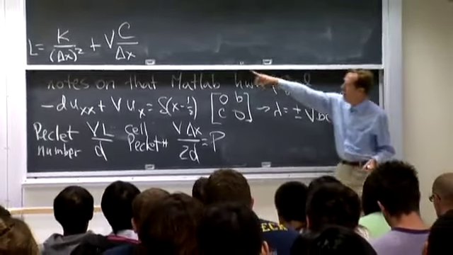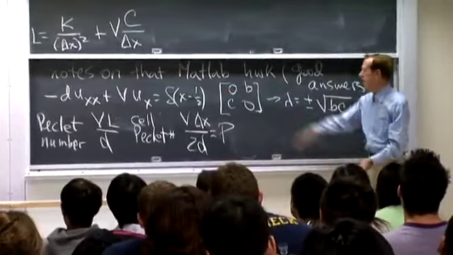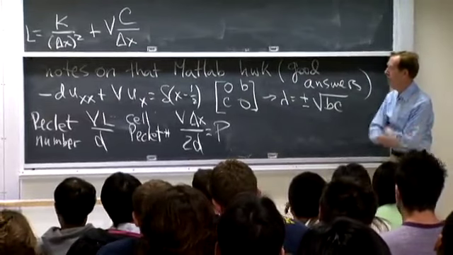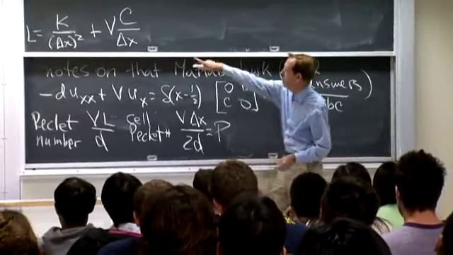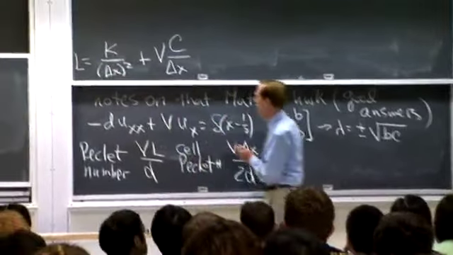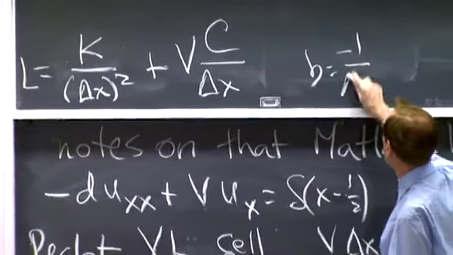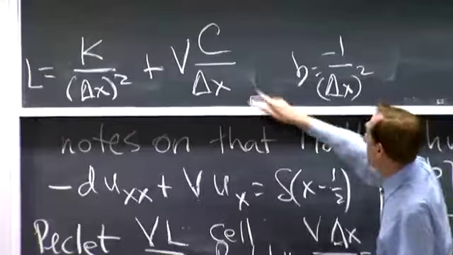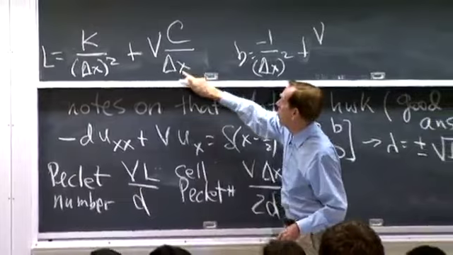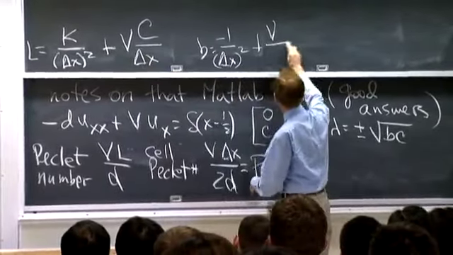So the off-diagonal part of that matrix had some number b and some number c. Actually, we could figure out what the b was. K produced a -1, 2, -1, so part of the b was the -1 over delta x squared. And then from the center difference there was a plus v times 1 over 2 delta x.